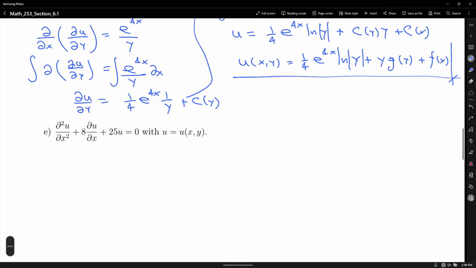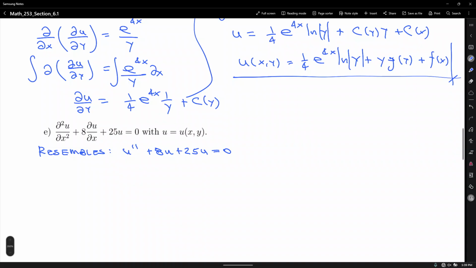Well, in this case, this resembles u double prime plus 8u prime plus 25u equals 0.